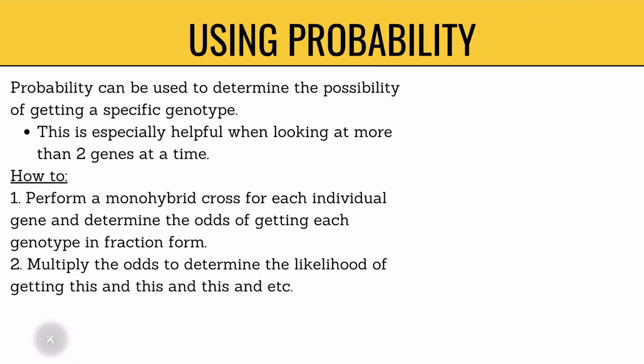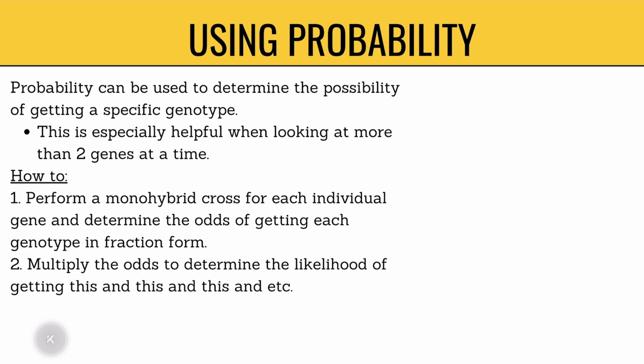So I also can use Punnett squares to determine probability. Probability can be used to determine the possibility of getting a specific genotype. This is really helpful whenever I'm looking at more than 2 genes at a time. I don't want to do a 32 square Punnett square. That's just too much.